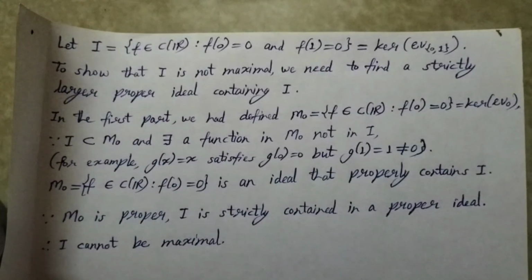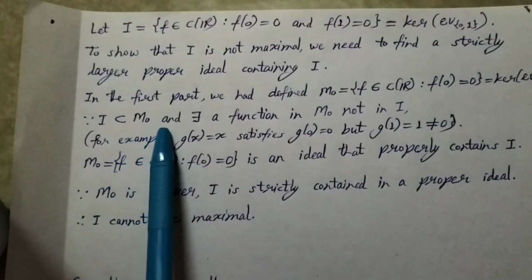Now, since I is a subset of M naught and there exists a function in M naught which is not in I, we can take an example, that is, if g(x) = x, then it satisfies g(0) = 0, but it doesn't satisfy g(1) = 0 because it is not equal to 0.